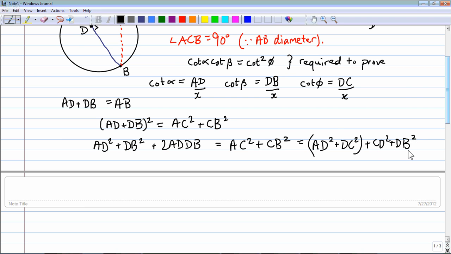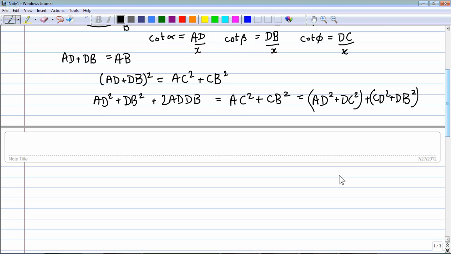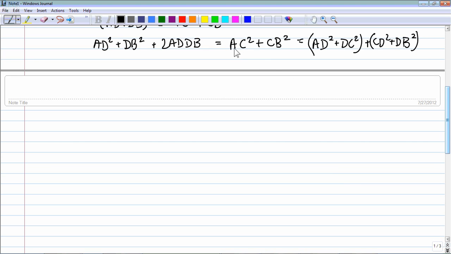And now we see the result is going to come out, because looking now at this equation, the left-hand side there and the right-hand side over here, AD squared plus DB squared cancels, so therefore I get 2 AD DB equals CD squared plus DC squared. Well, that's the same as 2 CD squared.